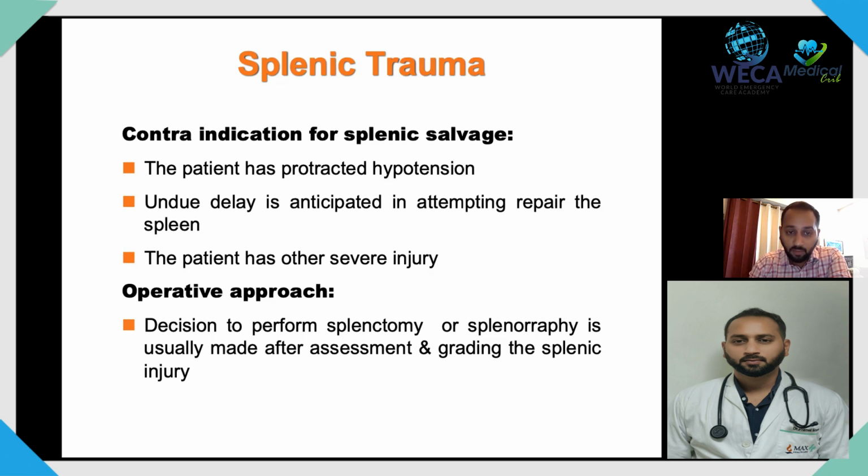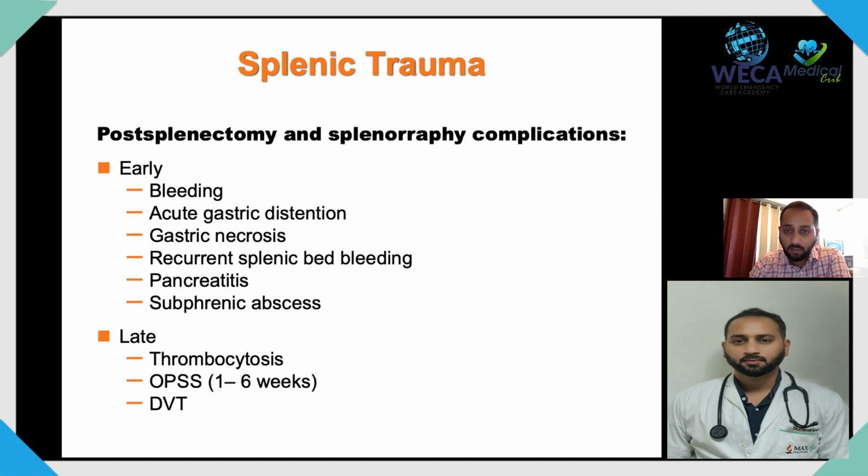About the operative approach, the decision to perform splenectomy or splenorrhaphy will usually be made after assessment and grading of the splenic injury. Following splenic trauma and post-splenectomy, there can be some complications, classified into early and late. The most common early complication will be bleeding.